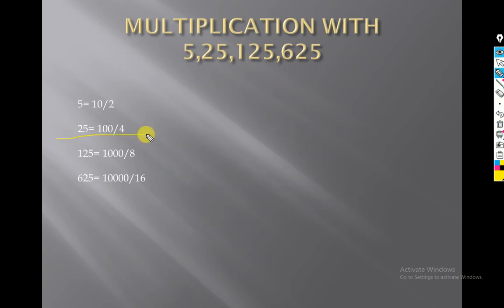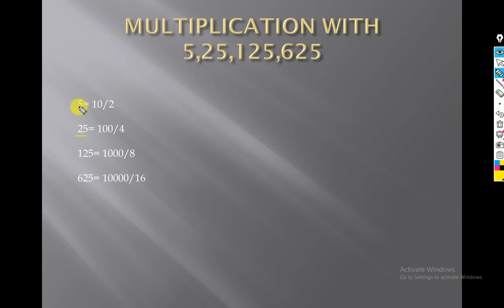Just like for 5 you need to break it into 10 by 2, similarly for 25 you need to break it into 100 by 4. So see, there is a pattern over here. If we square 5, the result is 25.